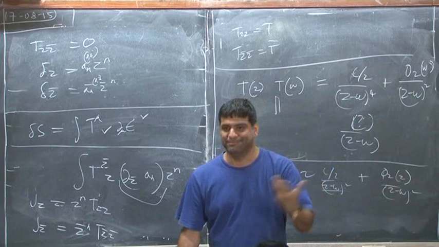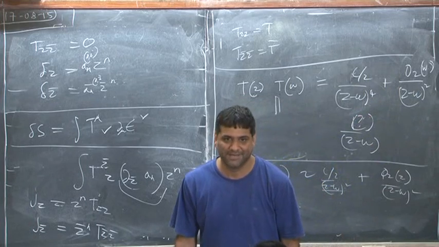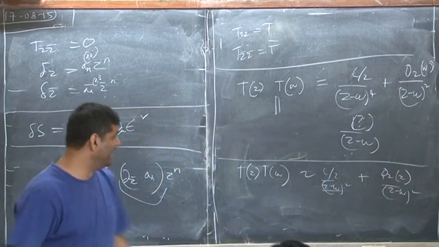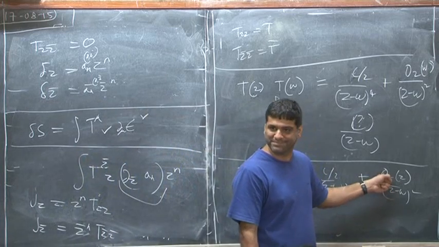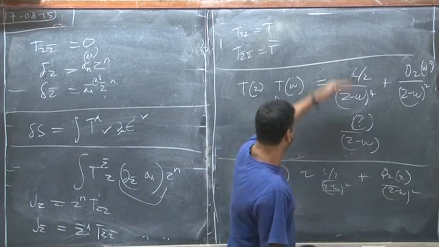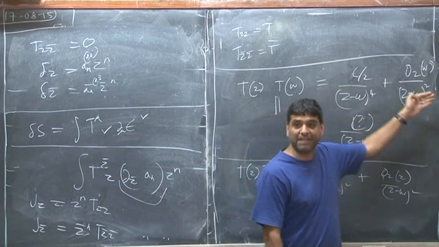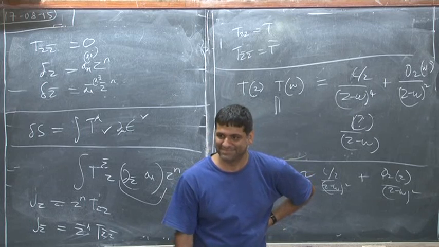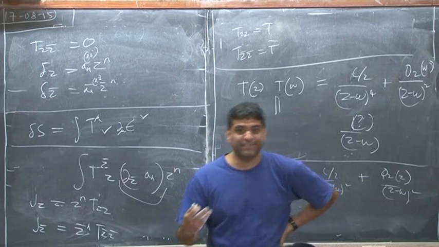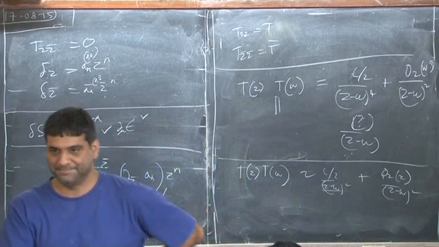But there is a subleading term. The subleading term involves the derivative of this O2. So this by itself is not symmetric at first subleading order.